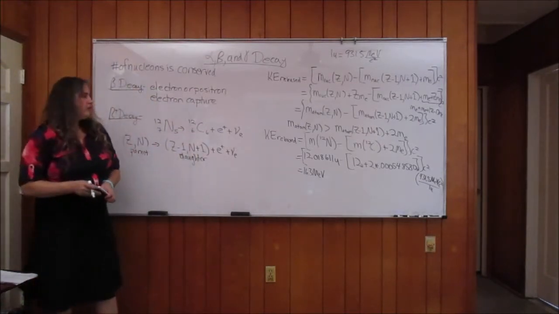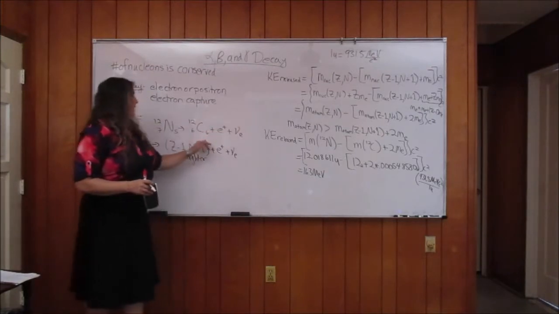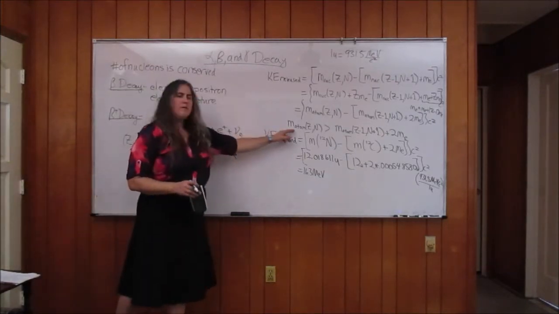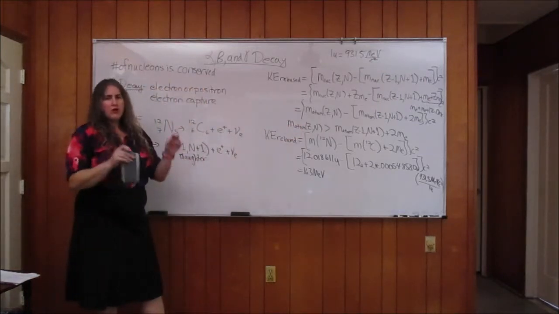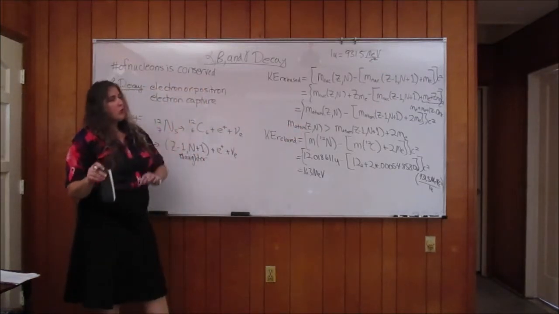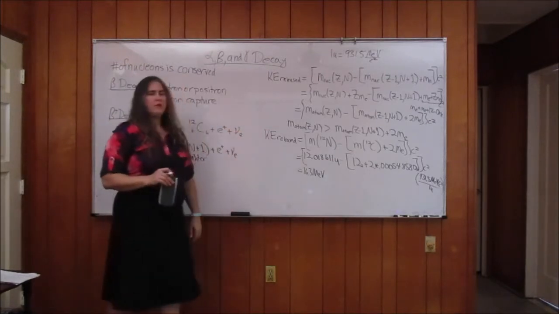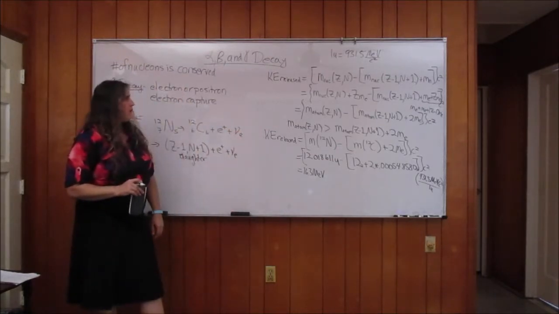Okay? So again, the condition for beta decay to occur is that the mass of the parent nucleus has to be greater than the mass of the daughter nucleus, which has 1 less proton, 1 more neutron, plus 2 times the mass of the electron. Okay?